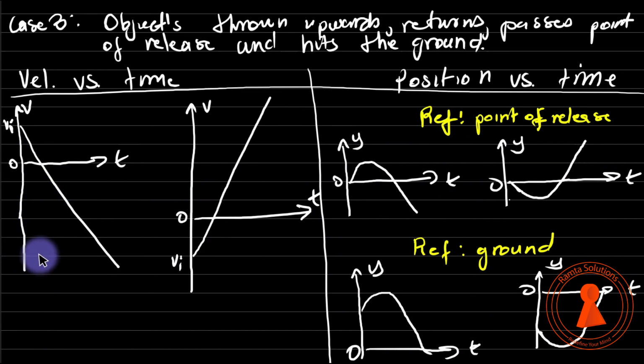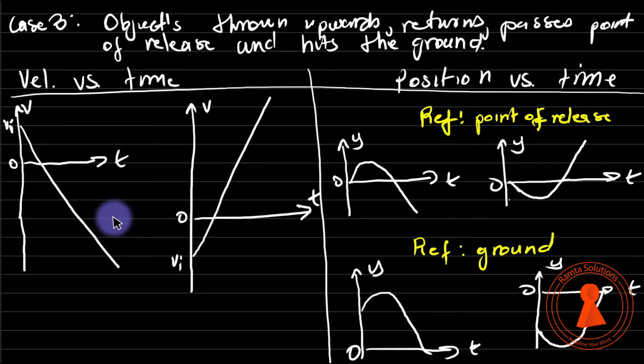Remember, when we deal with displacement, we always say it is final minus initial, right? So you need to get the difference. But otherwise, from your graph, you can get that information.